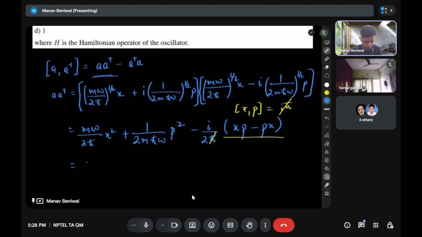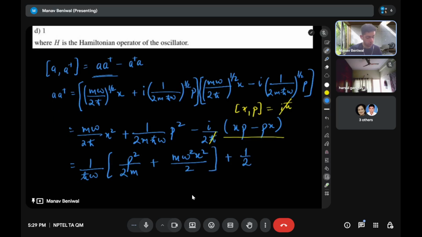Let me write this thing again, and let me take this factor outside, because if I do that, then the second term I can write as p squared over 2m, and the first term I can write as m omega squared x squared by 2, and then this is simply plus half.